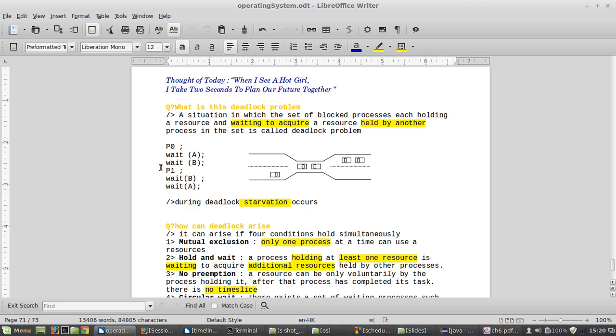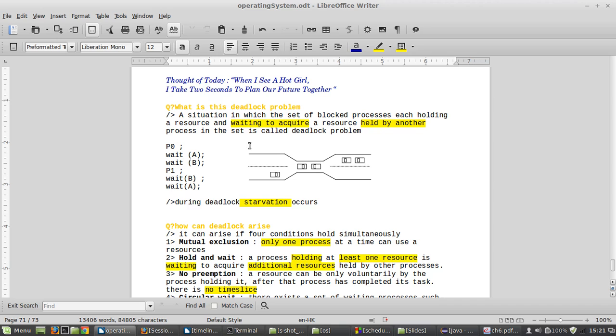While we are trying to synchronize two or more processes, for example while using a semaphore, a process is waiting for a resource which is acquired by another process, and this other process is also waiting for a resource which is acquired by this particular process. So a situation in which a set of blocked processes, each holding a resource and waiting to acquire a resource held by another process in the set, is called a deadlock problem.